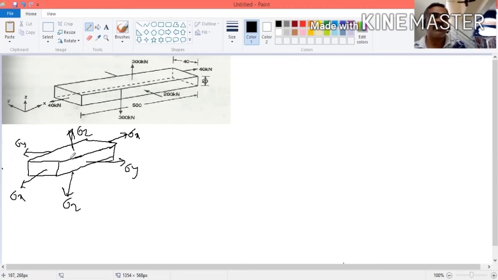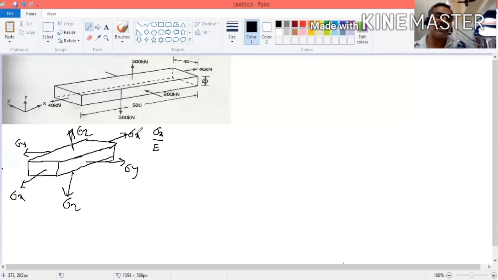Now we are going to combine along x direction, y direction, and z direction. First let us see the strain produced due to sigma x. You know how to calculate the longitudinal strain. Because sigma x is acting, the strain is sigma x by E. Stress by Young's modulus is equal to strain. So this is the strain acting along the x direction.